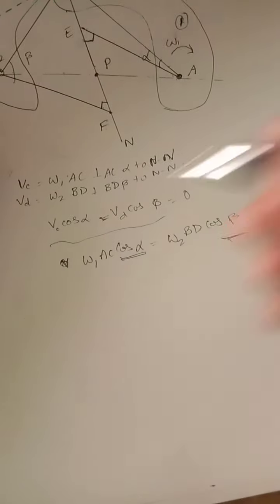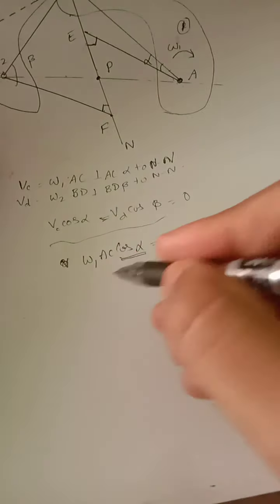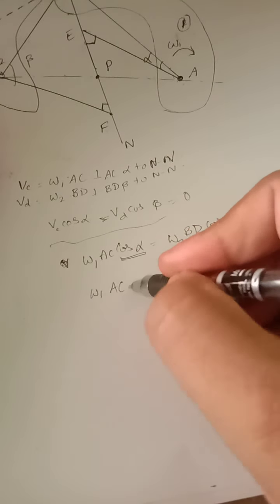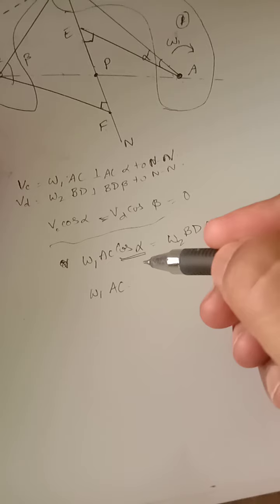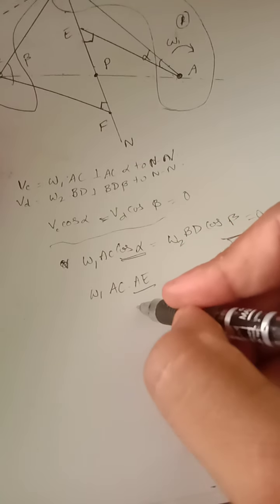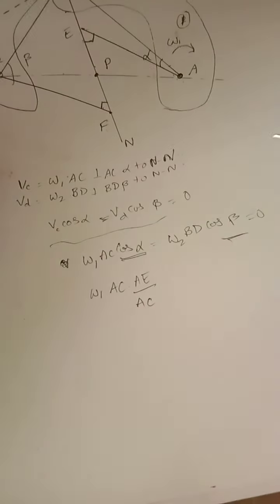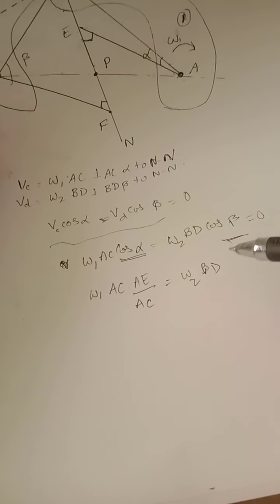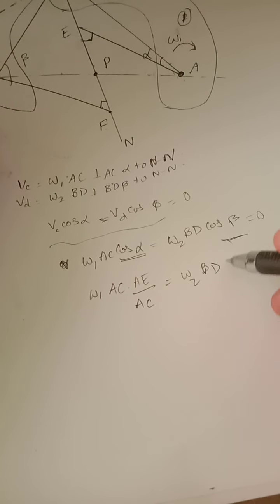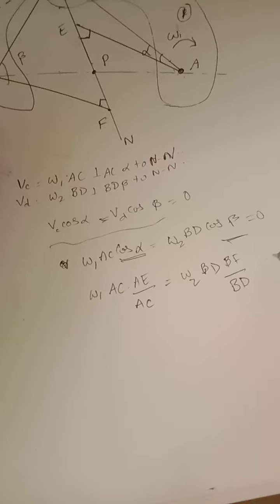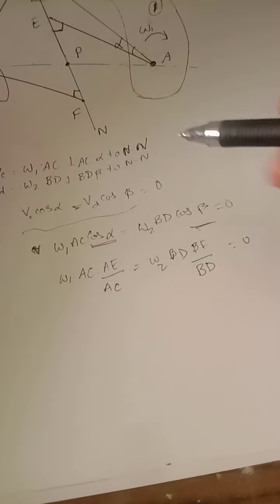We will write them in terms of the sides. So it becomes omega 1 AC into cos alpha, which is nothing but AE by AC, is equal to omega 2 BD cos beta, which is nothing but BF by BD, and all this will be equal to 0.